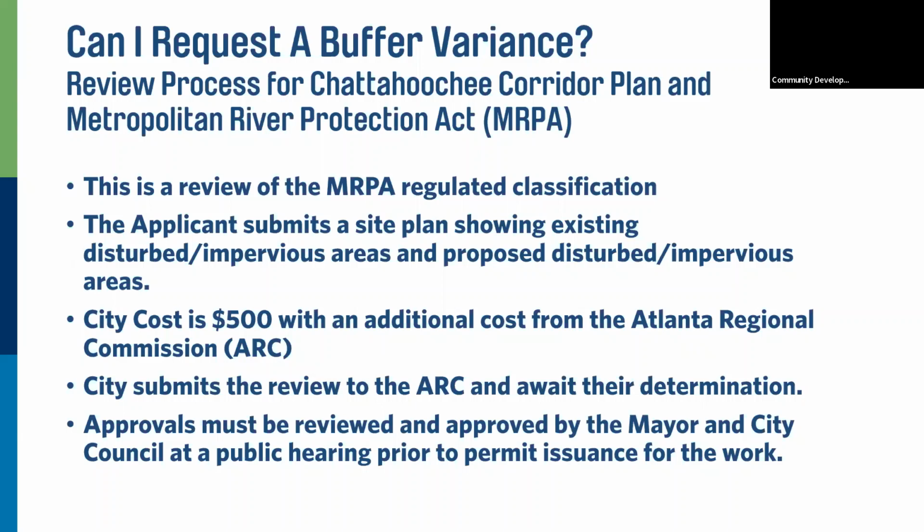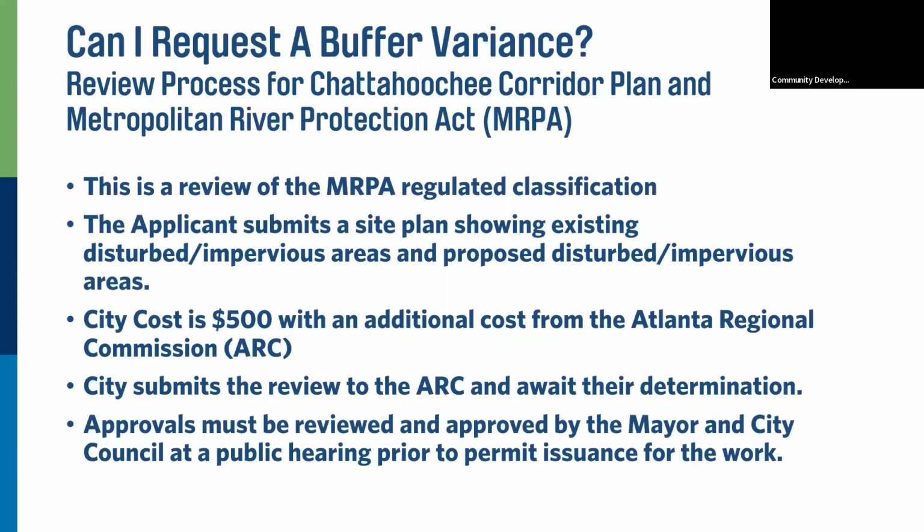Does this MRPA only apply to the houses that are actually on the river? This applies to any parcel of land that is 2,000 feet from the Chattahoochee. So that could be two, three, four streets over? It could be. A linear mile is 5,280 feet, so we're about a half mile away.